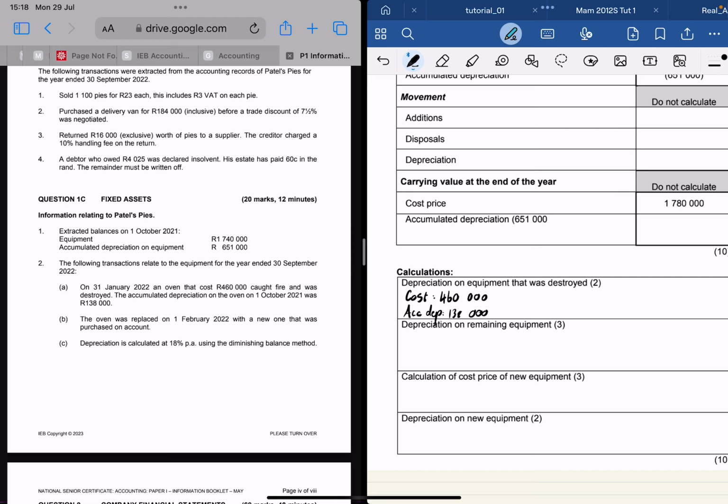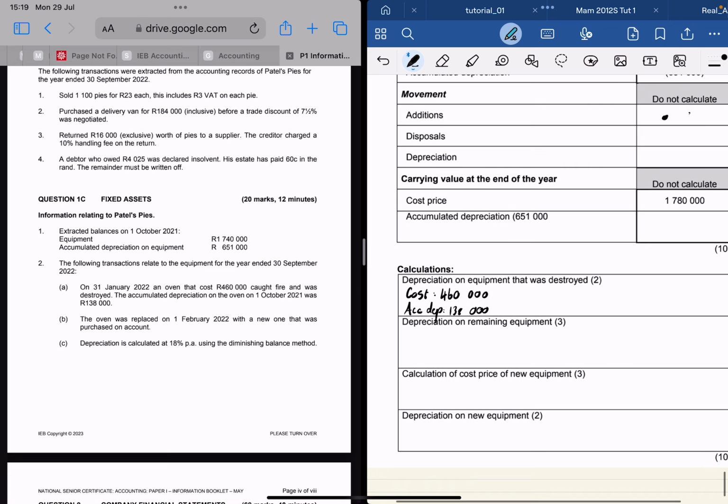The next thing they say is the oven was replaced on the 1st of February with a new one that was purchased on account. You notice they didn't mention how much it was purchased for. So it probably means this addition figure might be a balancing figure. Because they haven't told us they replaced it with one that cost exactly the same.